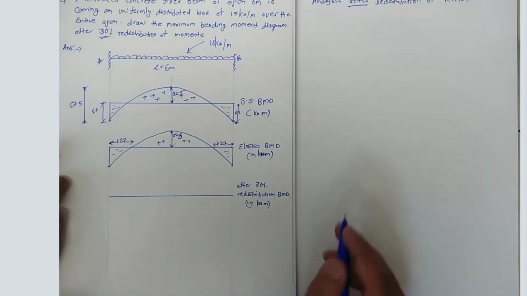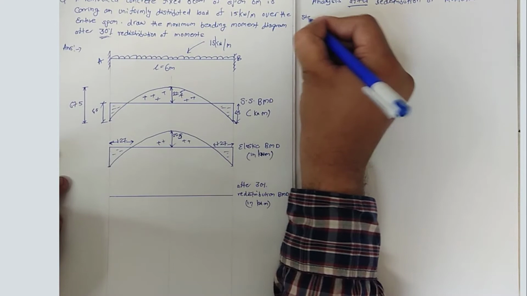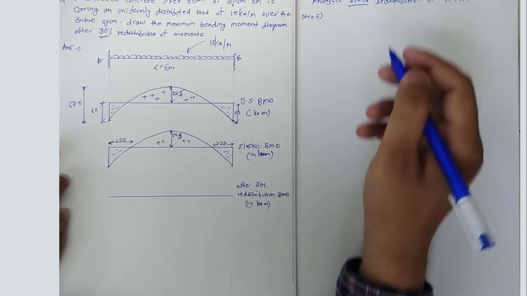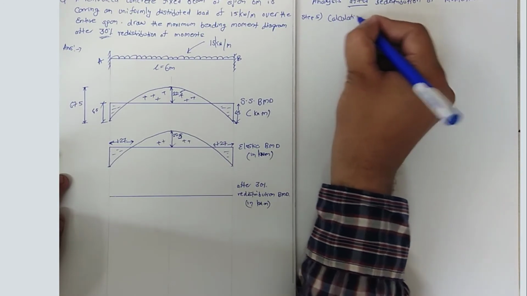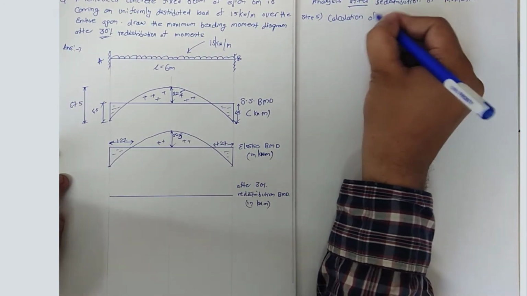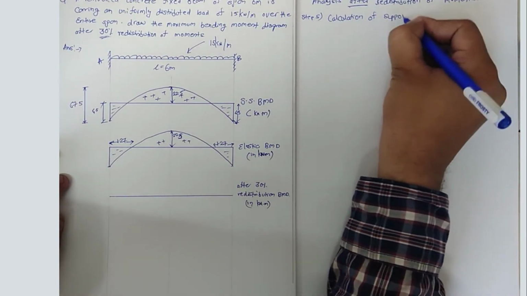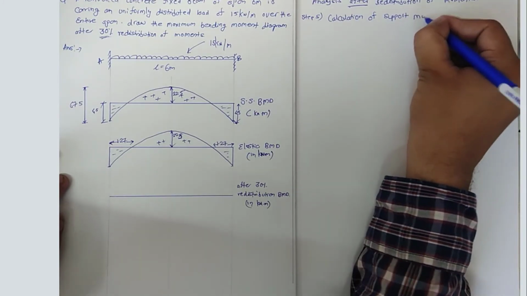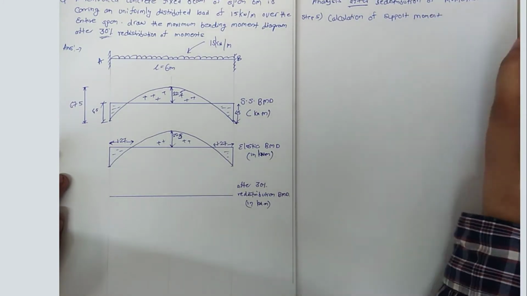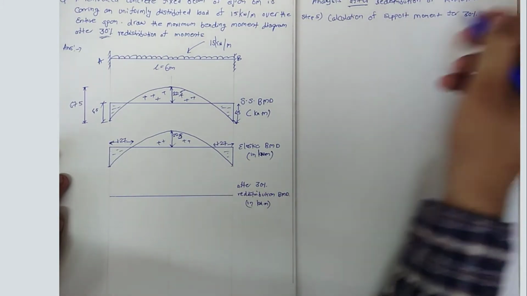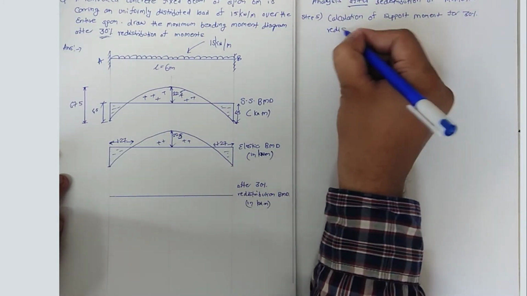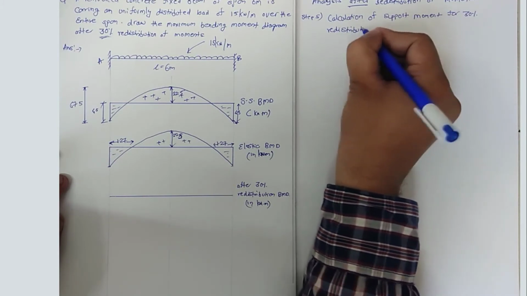Okay, so next, step number 5: calculation of support moment for 30% redistribution.